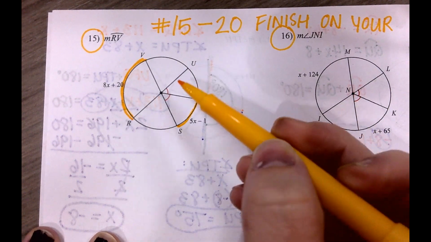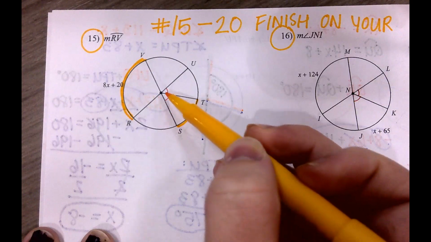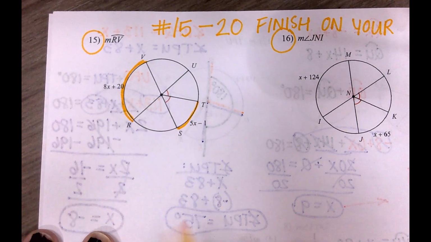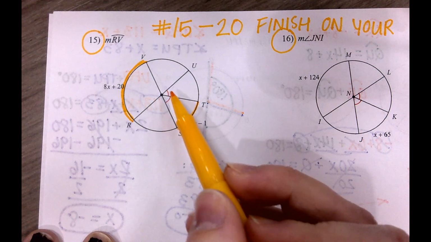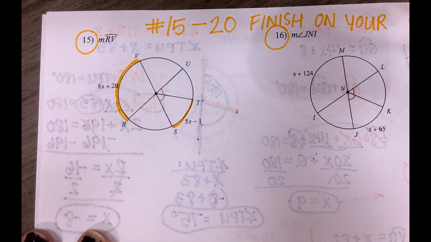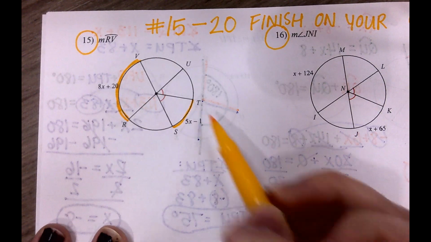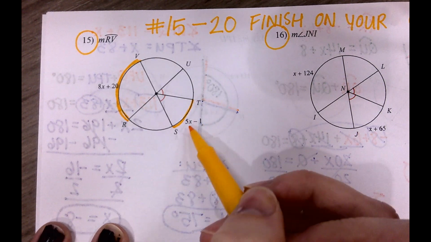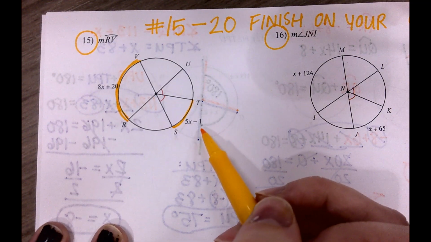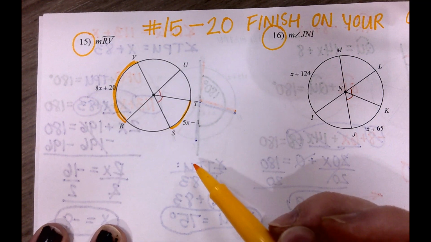But using some markings that I see, what else might I know? I might notice that these two red arcs, what does that mean about the two angles? They're equal. Now, I don't know what TU is, but I do know that TS is given a value of 5x minus 1. So what would TU be?